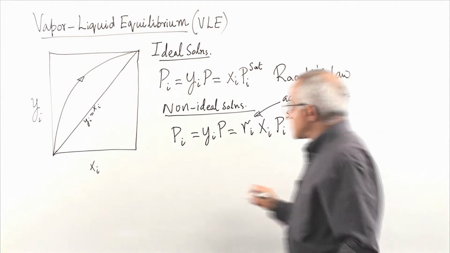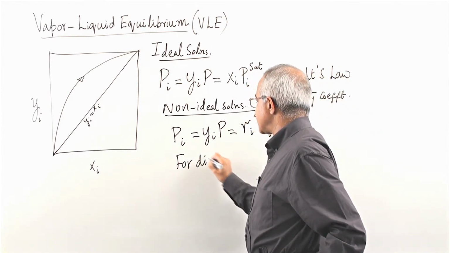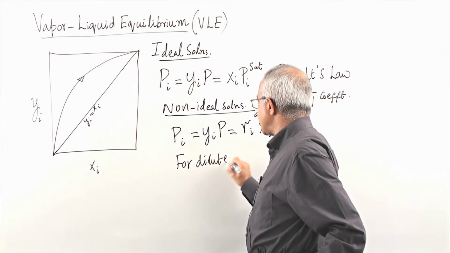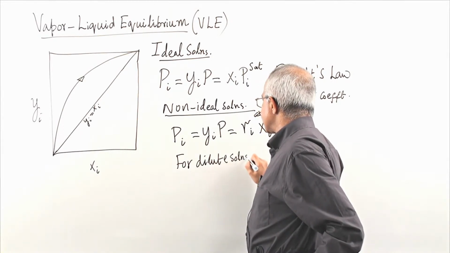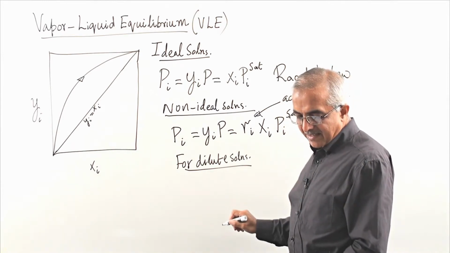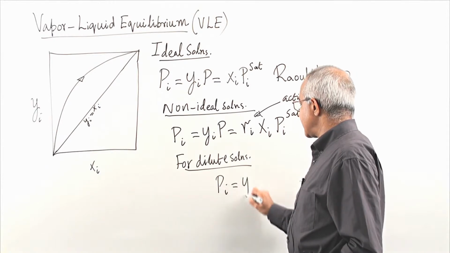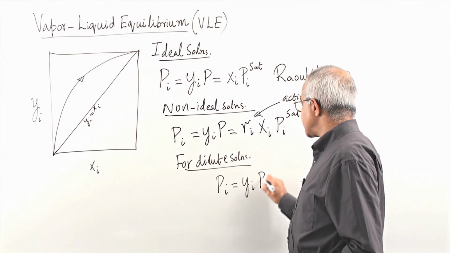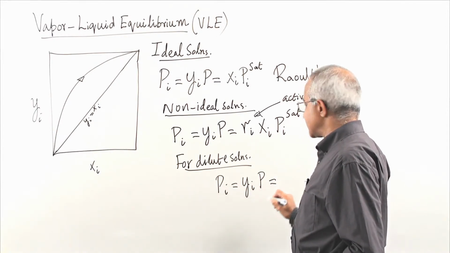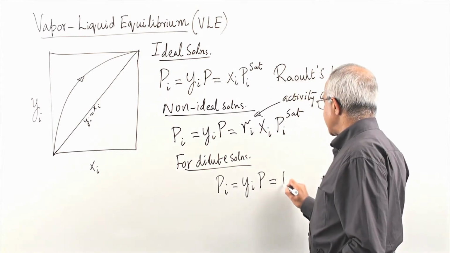Now for dilute solutions, in other words, xi being very small, we can use this relationship, and that is Pi equals Yi times P equals Hi xi.